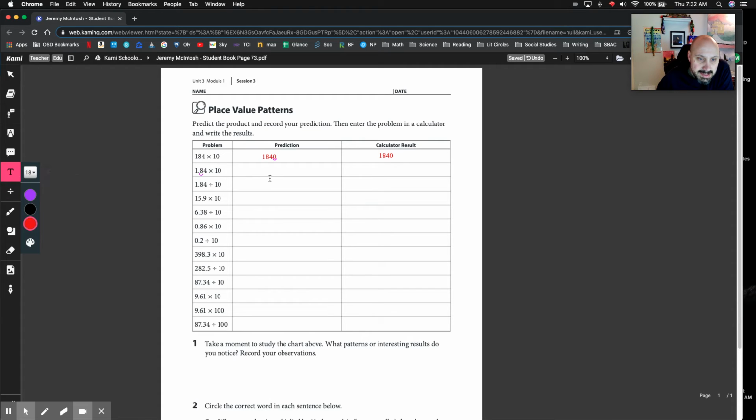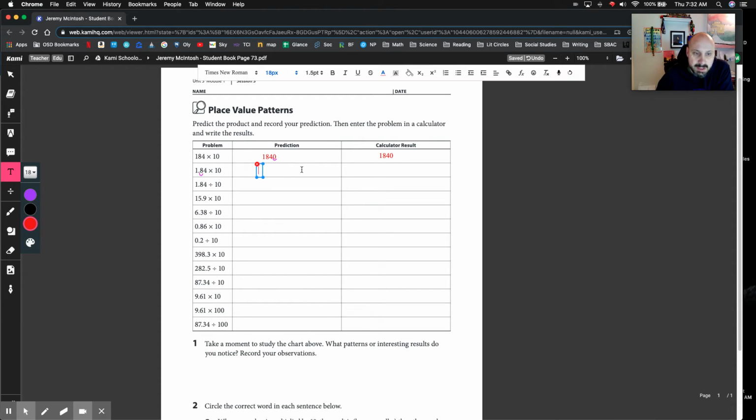Now my estimate, let's say my estimate on this one was $1.84 times 10. Well, I know it's not going to be $1.84. If it was $1.84 times 1, it would be 1.84 or 1 and 84 hundredths. I'm going to say 18 and 40 hundredths. I'm going to stay with my number up here, but I'm going to put the decimal between the 8 and the 4.